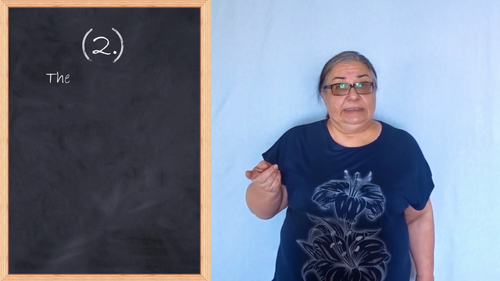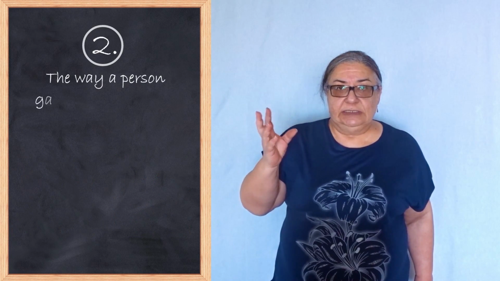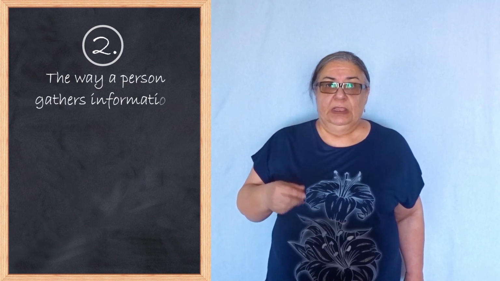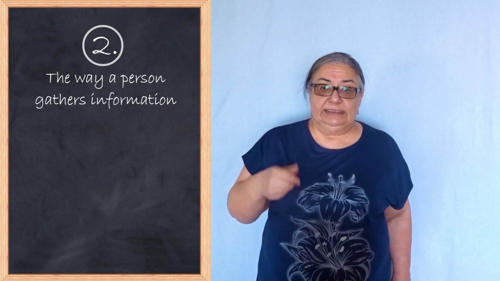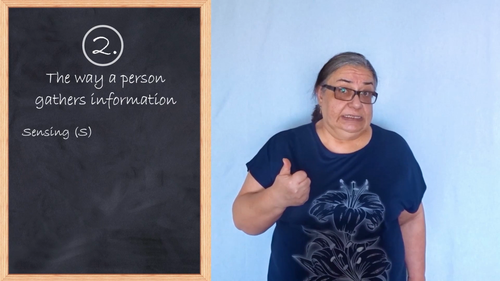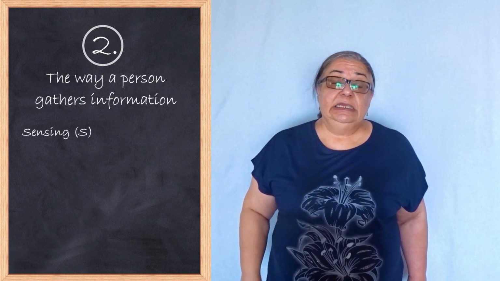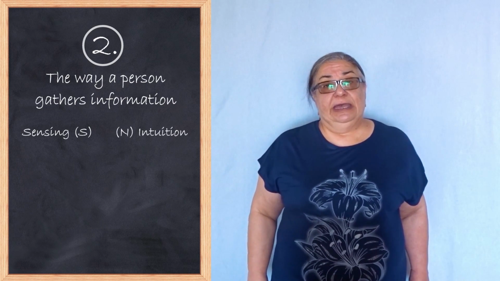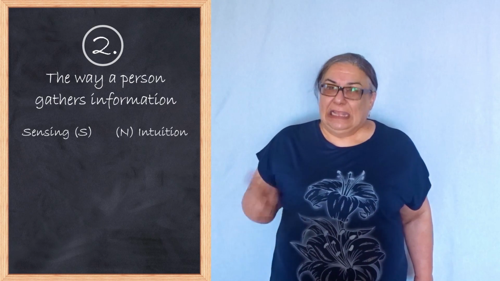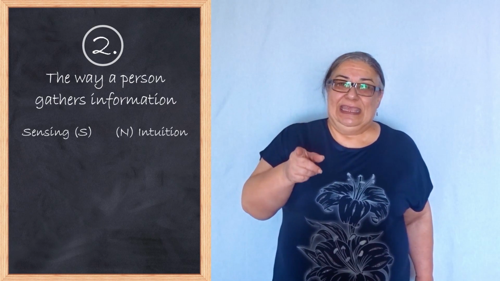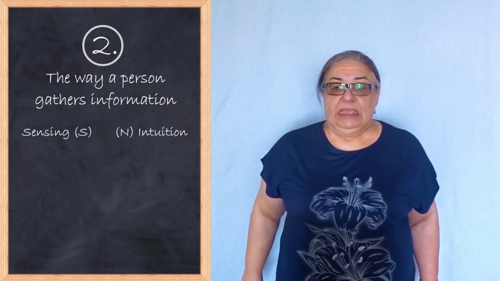The second aspect is the way a person gathers information. Here we have two categories: sensing, symbolized by S, and intuition, symbolized by N. Not to be confused with the first I, okay?